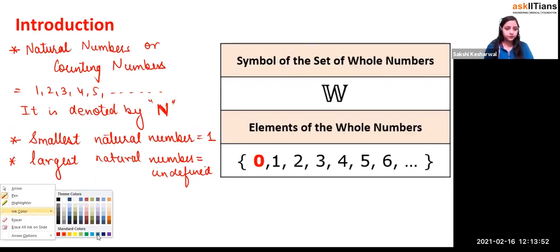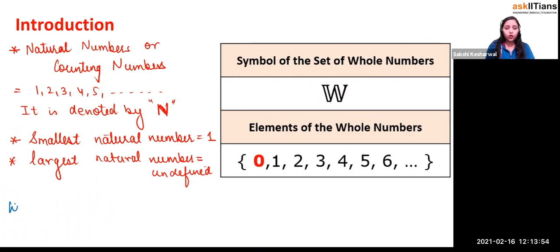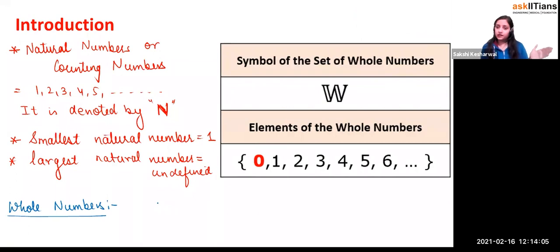Basically, if you add 0 to the natural numbers, then it becomes a new set, a collection, that is known as what, beta? Whole numbers. Later on we'll be learning so many things regarding it, and you will see what whole numbers mean.